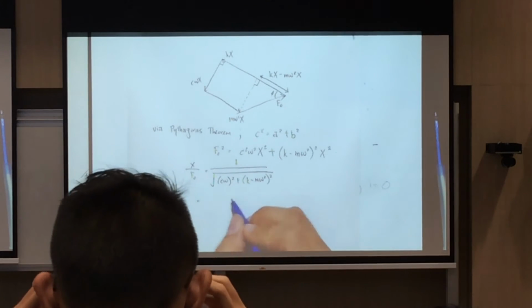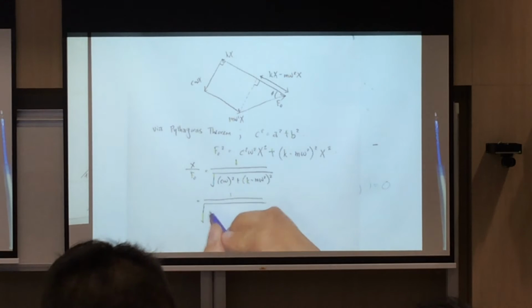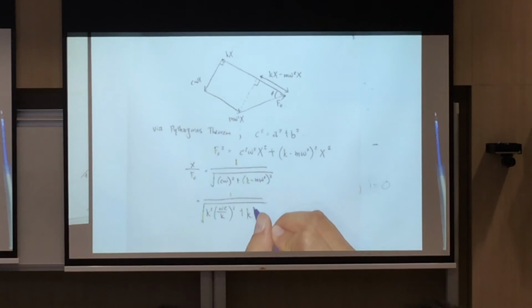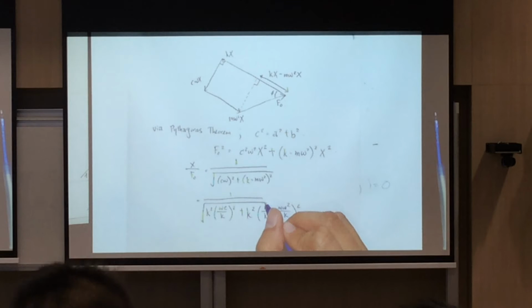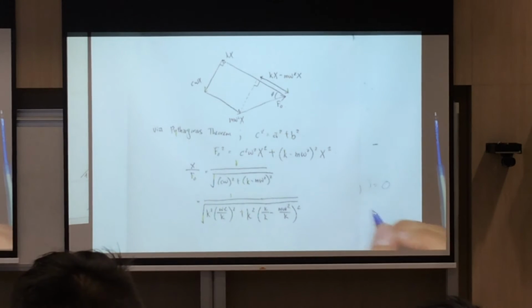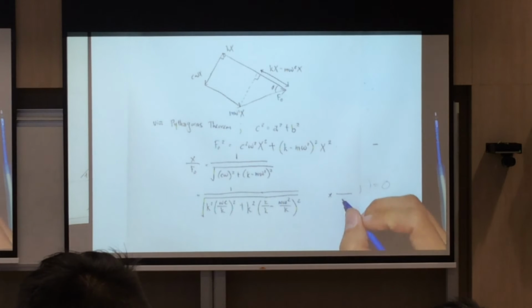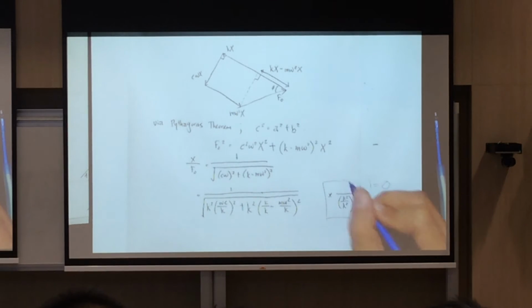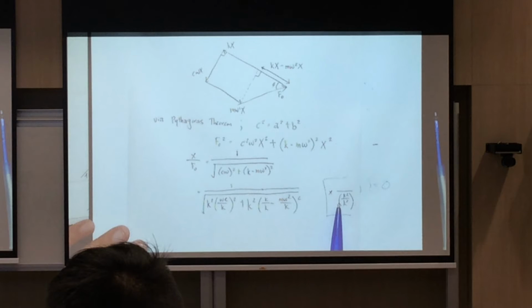Okay, let's do some math here. What I'm doing is multiplying the denominator by a squared over a squared.